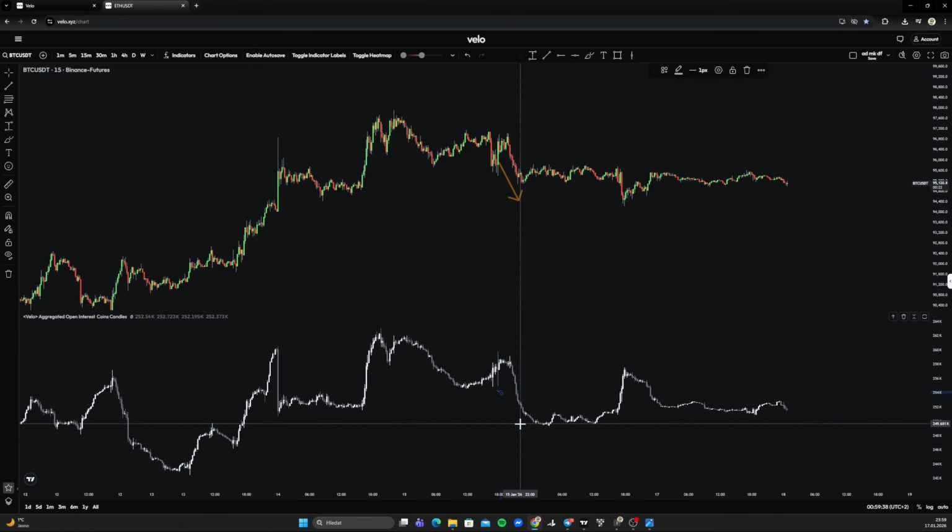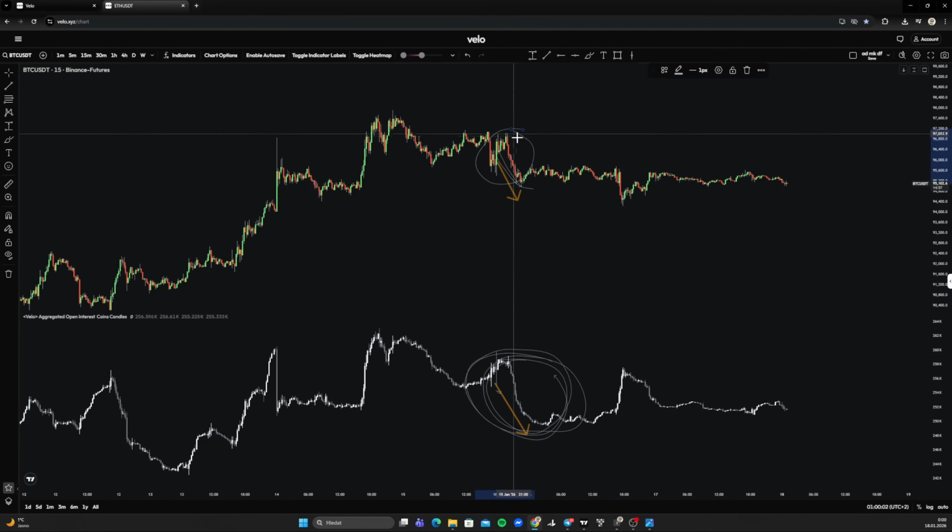In it you can see that a huge amount of open interest was leaving the market, and price action went a little more down, but definitely this portion of open interest is much bigger than this portion of price action.